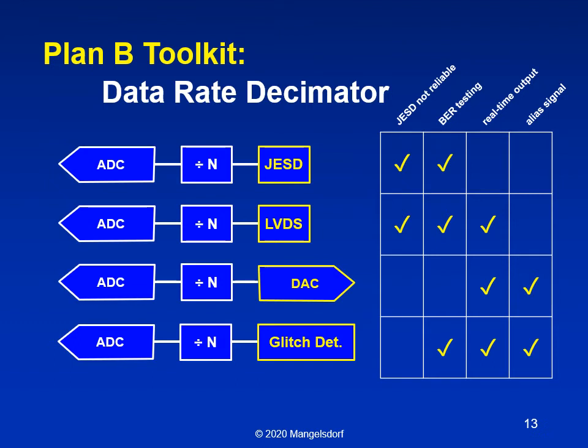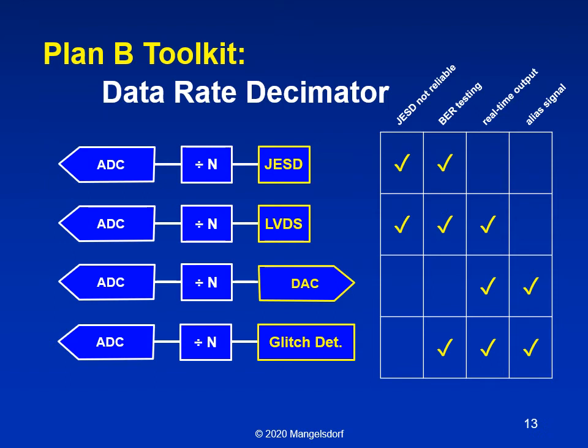So you may want to figure out whether the problem is coming from your digital transmission or from the ADC itself, and this allows you to isolate the two. The other thing is that the error rate of the JESD may be comparable to that of the ADC, so you can't test the error rate of the ADC by itself without decimating the data first. So this is useful for that.